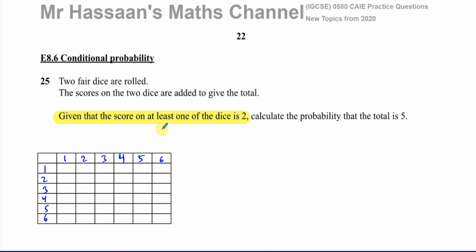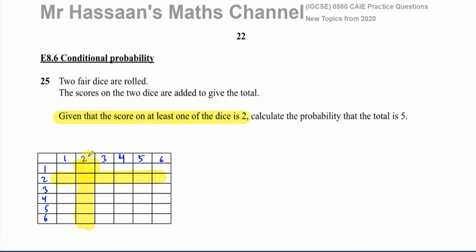Now it says given that the score on at least one of the dice is 2, so we have to limit the sample space to only those spaces which have at least one 2. It could be that the first dice has a 2, so it's only these spaces, or the second dice has a 2, so it's those spaces as well.